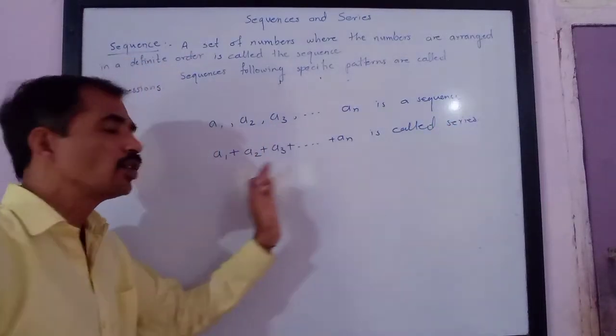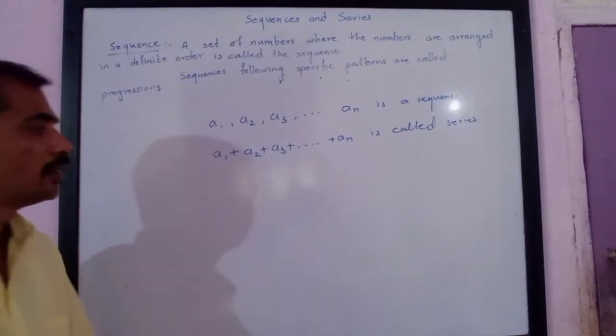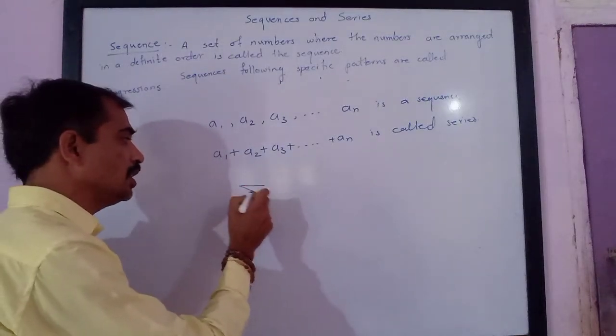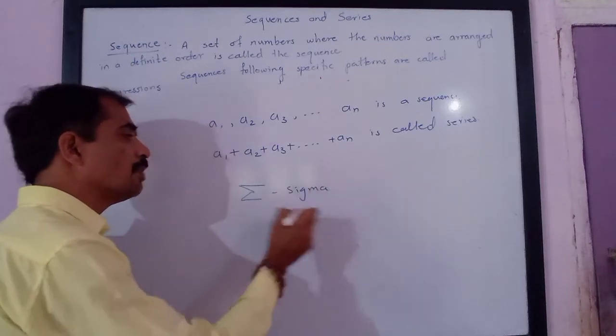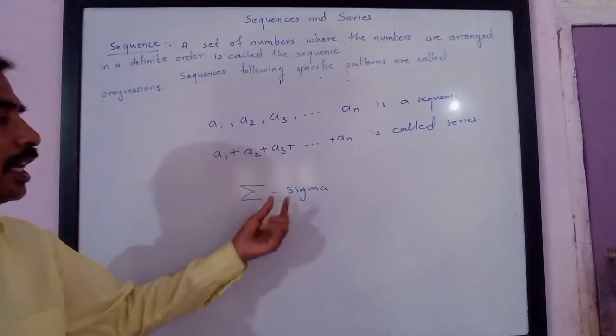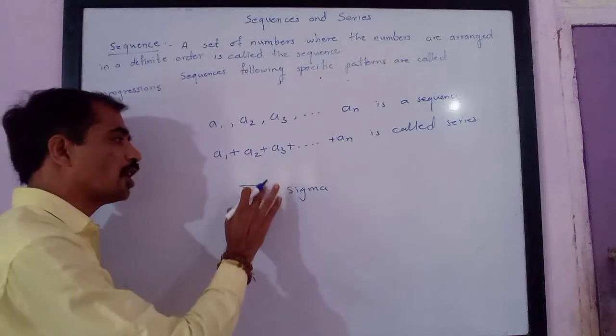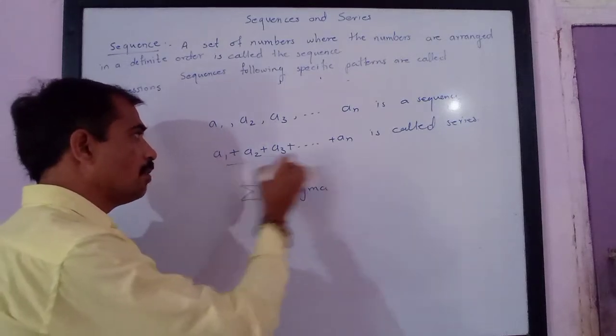Now these terms are too many, so this can be written in short. We use sigma notation. Sigma is a letter from the Greek alphabet. So sigma is used for indicating the sum of all the terms.